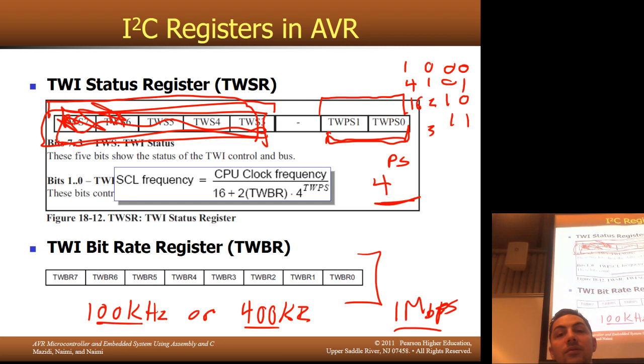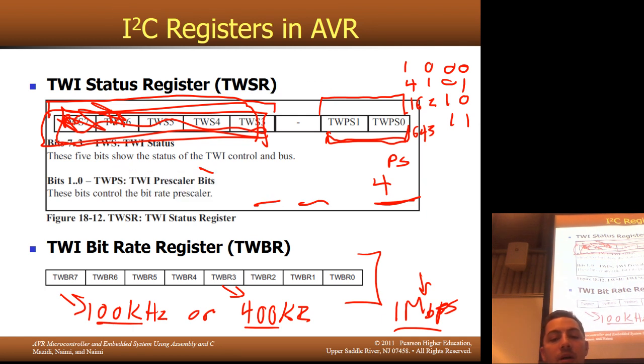Okay, so those are your possible prescalers. You take your CPU clock frequency, whatever's in the baud rate register, whatever's the prescaler. Done. That's your baud rate. So more often than not, you just want to fix this to one of these numbers and move on with your life.